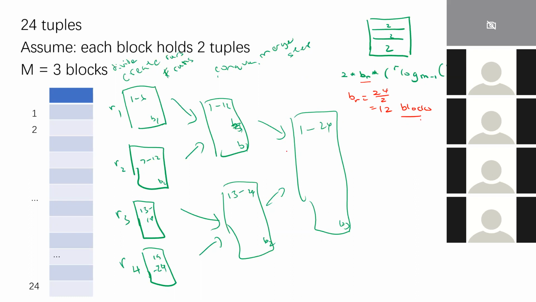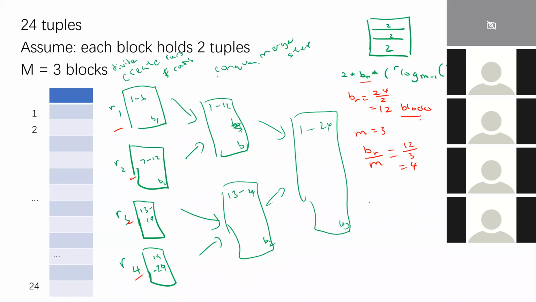Sorry, I'm a bit distracted. M equals 3, so the number of runs will be BR divided by M, which is 12 divided by 3, equals 4. So as you see, 1, 2, 3, 4.